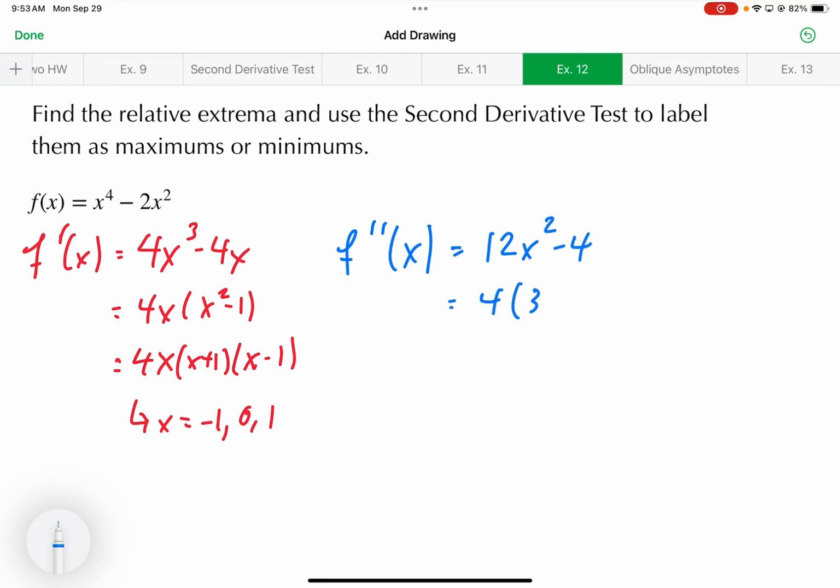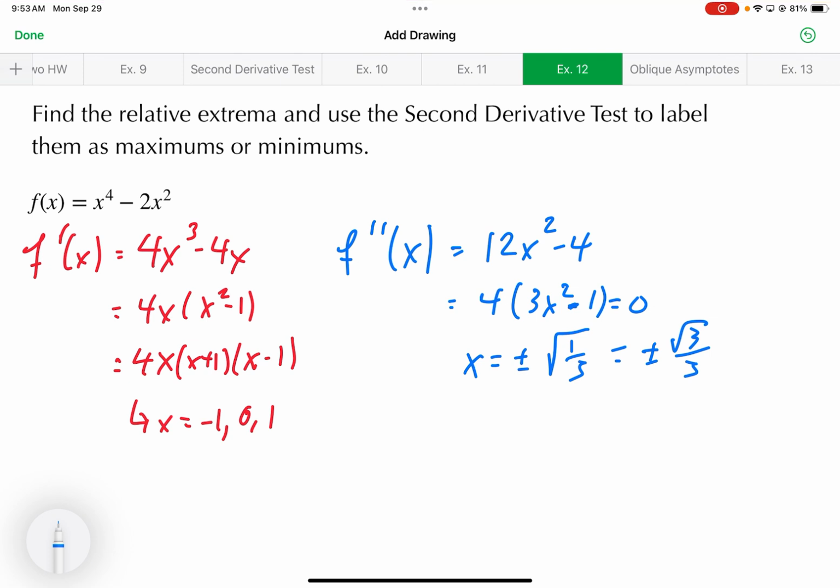Pull out a 4, I guess. 3x squared minus 1. Set that equal to 0. So I get plus or minus the square root of 1/3, or plus or minus square root of 3 over 3.